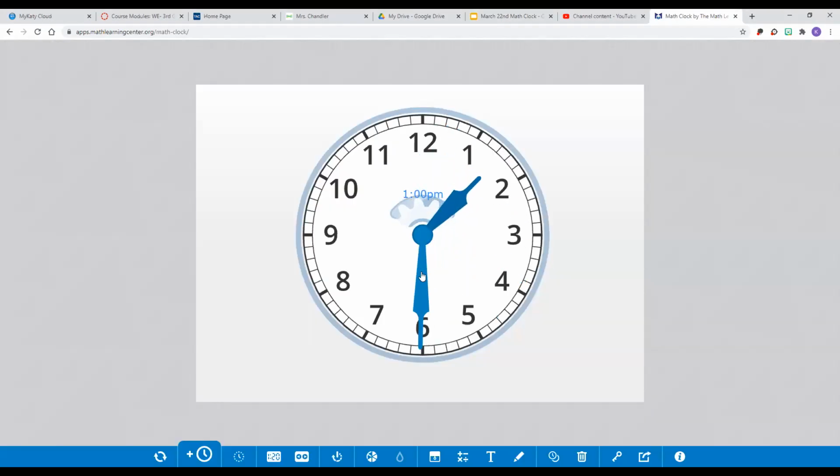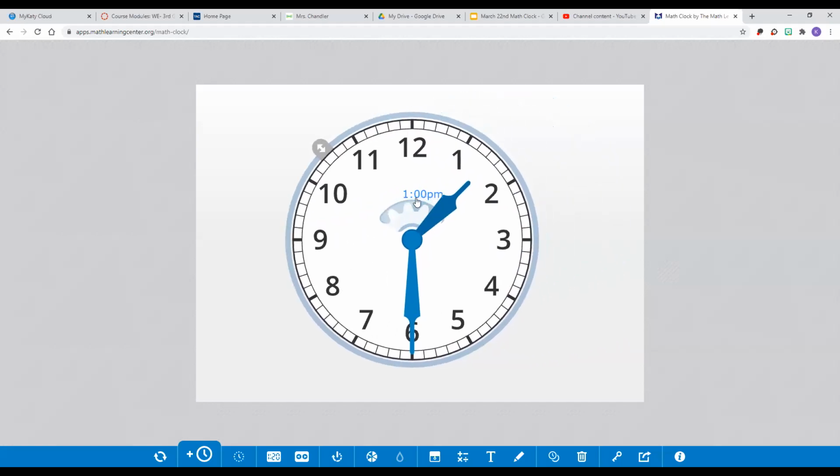And if they have recess until 1, y'all tell me, how long do they have for recess? If it starts at 1 o'clock, and then it ends here, how long would they have? What time did I put on the clock?